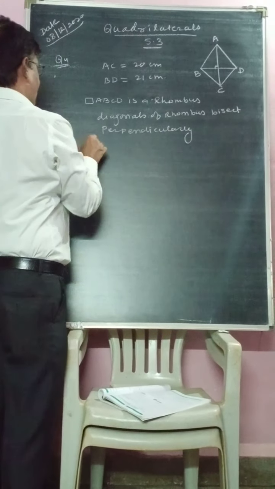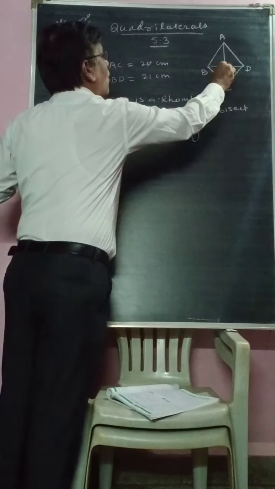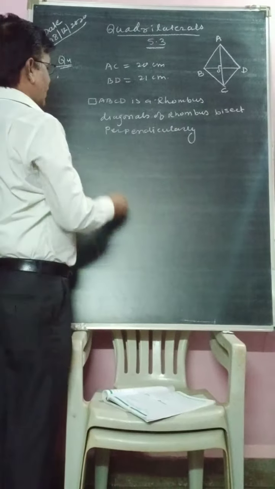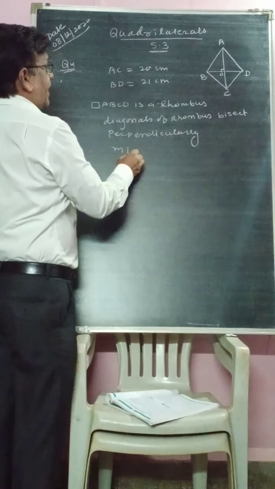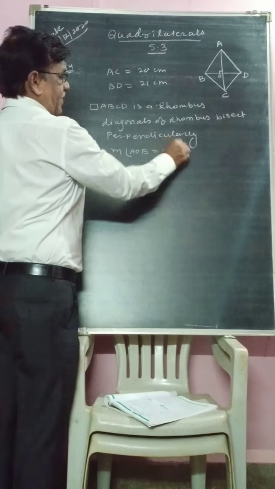Therefore, you can say, let the intersection be O. So the measure of angle AOB is equal to 90 degrees.